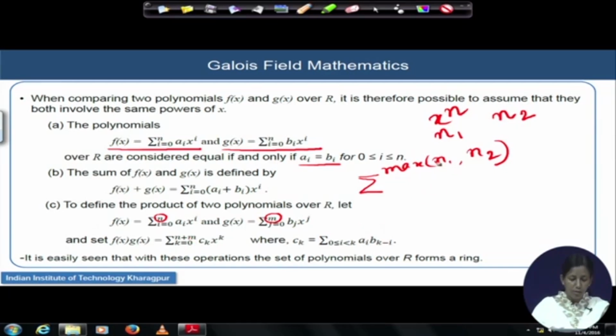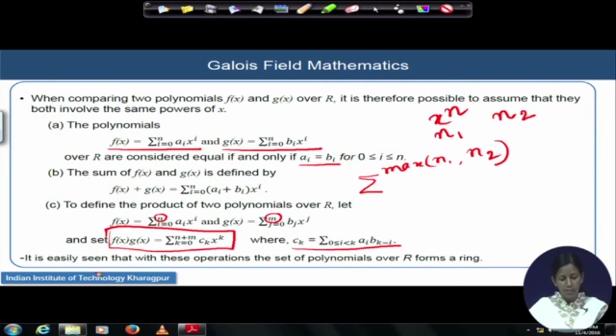So if it is n1 and n2, then it will go up to n1 plus n2, where a_i and b_j will be combined in the form of c_k, where c_k can be expressed like this. So there is a relation of a_i, b_j and c_k given by this expression, and the product is given by this final expression, f(x)g(x) equal to this.